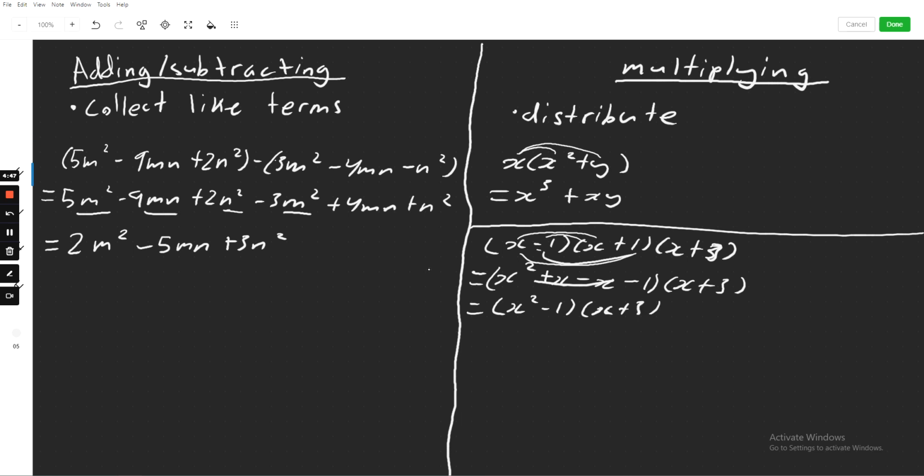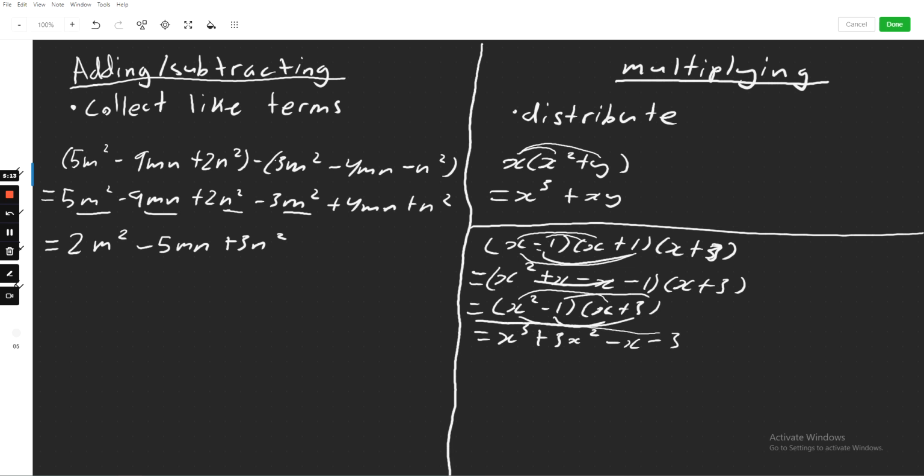Now we'd FOIL out again, so first terms, we have x squared times x, will be x cubed. Then we have outer terms, that would be x squared times 3, plus 3x squared, and we have inner terms, that'll be minus x, and then we have last terms, which is negative 3.